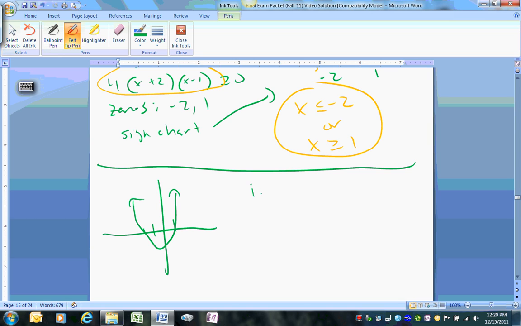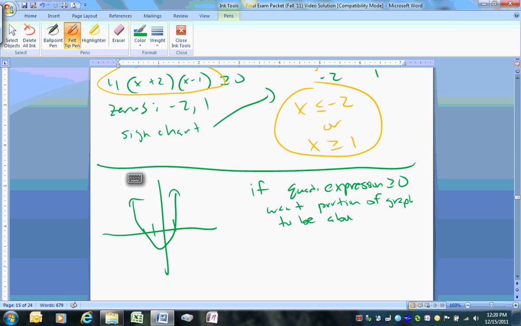Now, if the equation, it's not really an equation, I gotta be careful with my words, if the quadratic expression is greater than or equal to 0, then you want that portion of the graph to be above the x-axis.